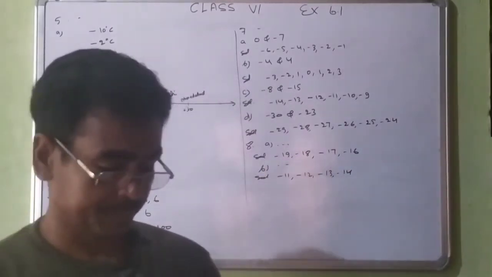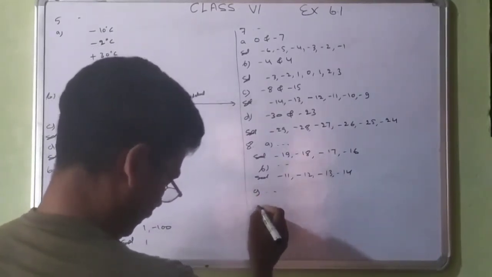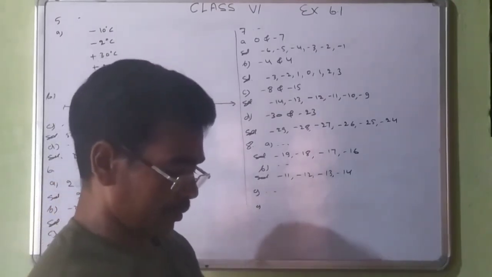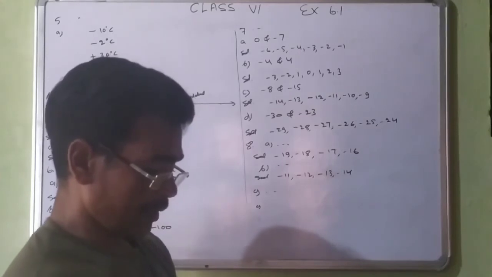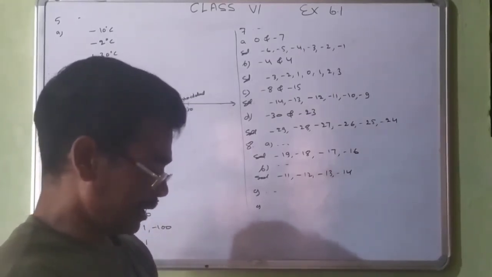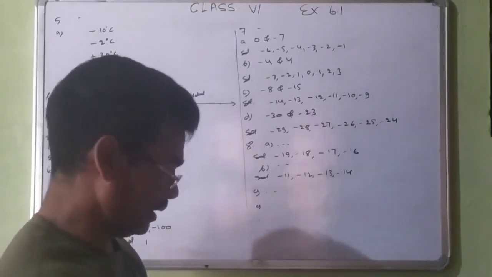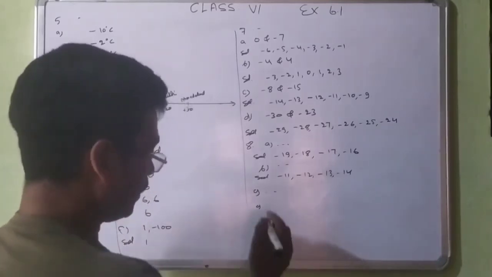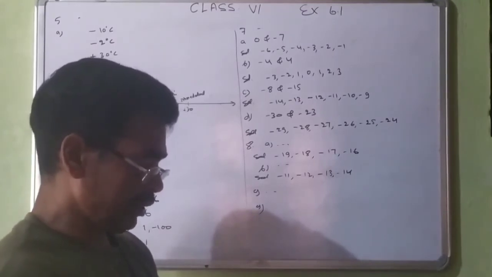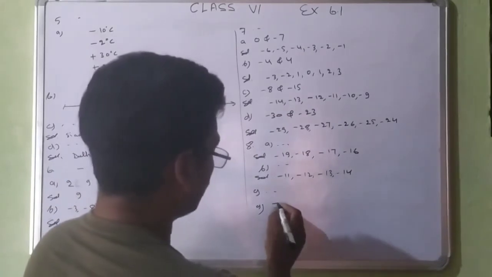Ninth question, that is a true false. For the following statements write T for true, F for false. If the statement is false, correct the statement. A part, -8 is to the right of -10. Yes, true.